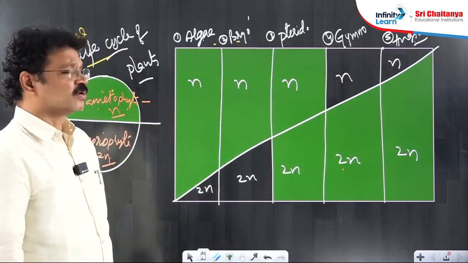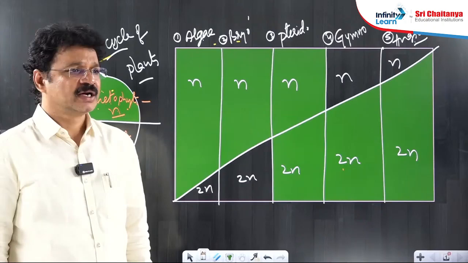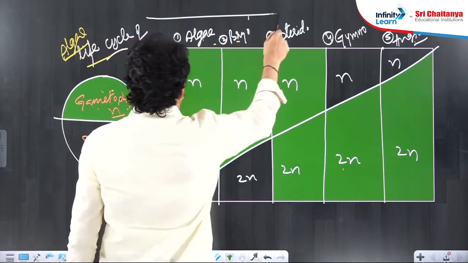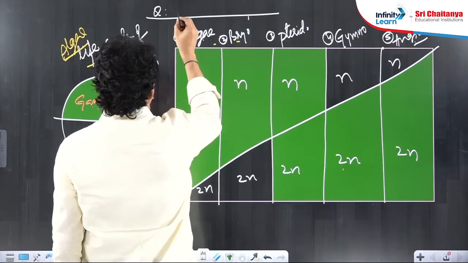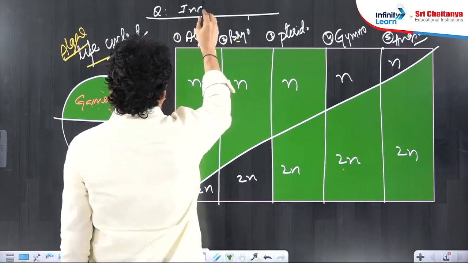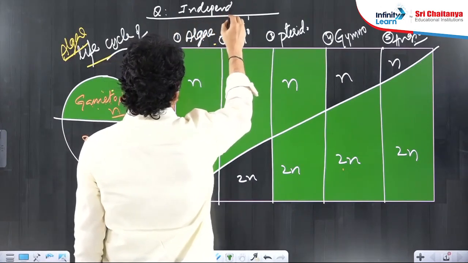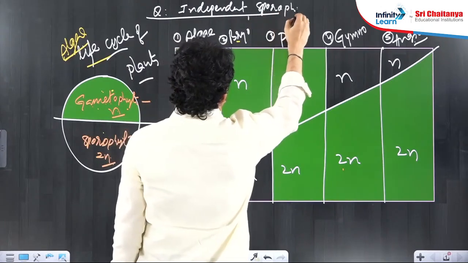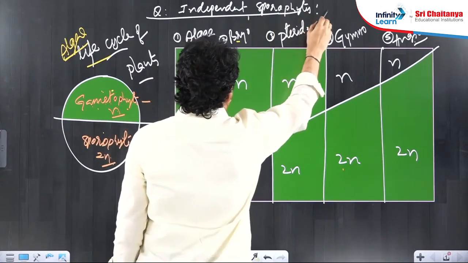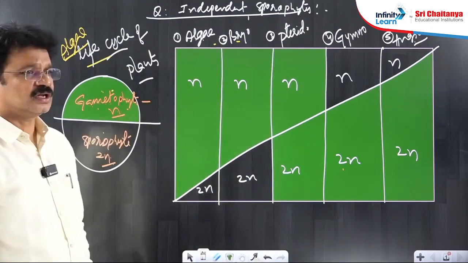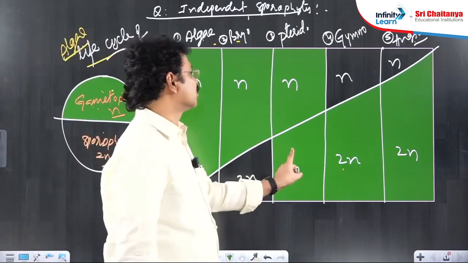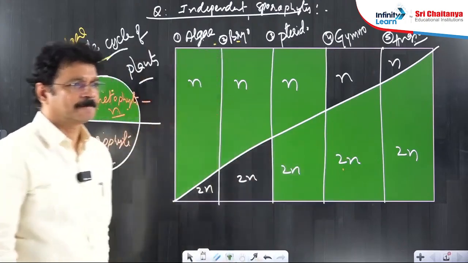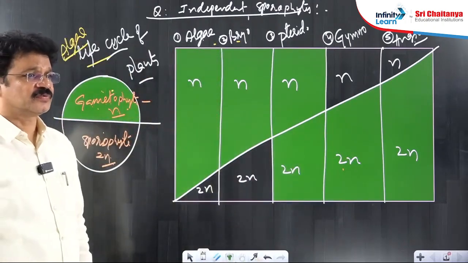In what plant groups are sporophytes independent? Independent sporophytes are found in. Good. 3, 4, 5. Pteridophytes, gymnosperms, angiosperms, sporophytes are independent. Nice.